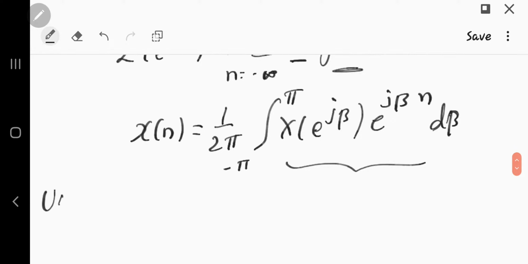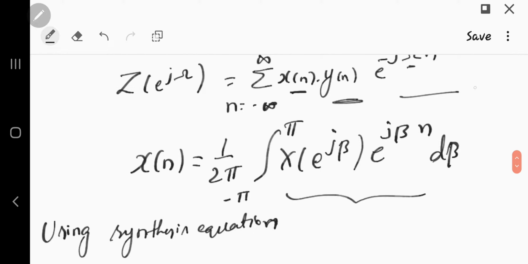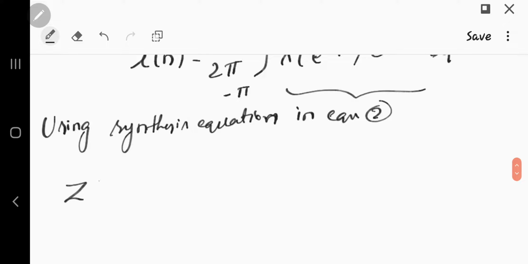So using the synthesis equation, you can call this equation 2. In equation 2, what happens to this?